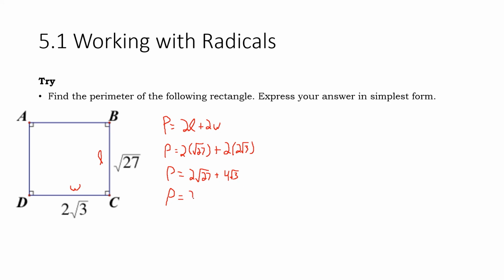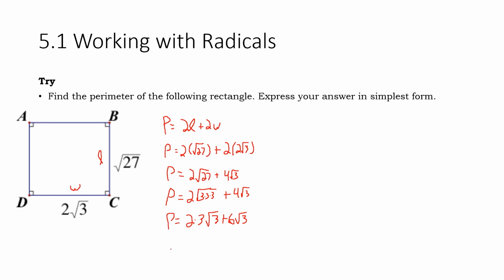You can do a factor tree just to test that out, but 2 times root 3 times 3 times 3. This 3 times 3 pair here is a perfect square. So we're going to pull that out of the radical in a moment here. So the square root of 3 times 3 is 3. So 2 times 3, and then all that's left under the radical is root 3.